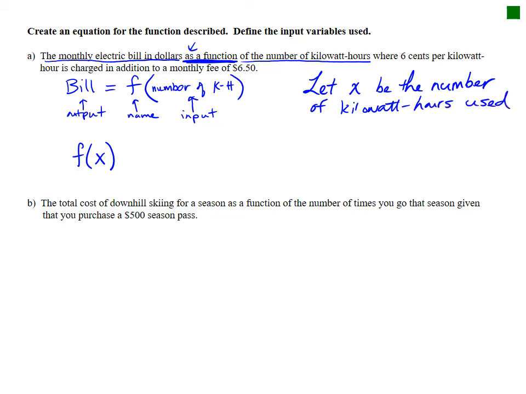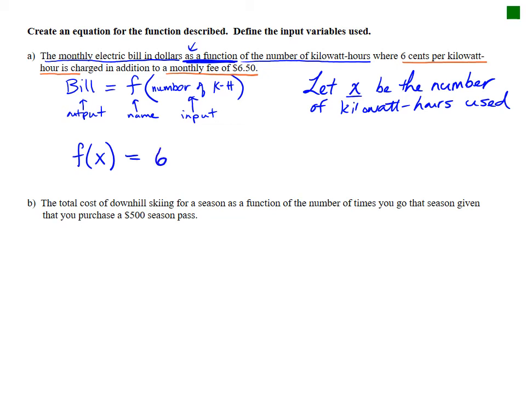And what I'm going to then do is create an equation described in this particular problem. 6 cents is charged for each kilowatt hour in addition to a monthly fee of $6.50. So I can write that in an equation by saying 6 cents for every X kilowatt hours plus a monthly fee, since in addition means plus, a monthly fee of $6.50.